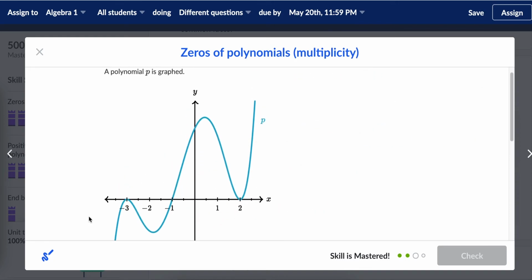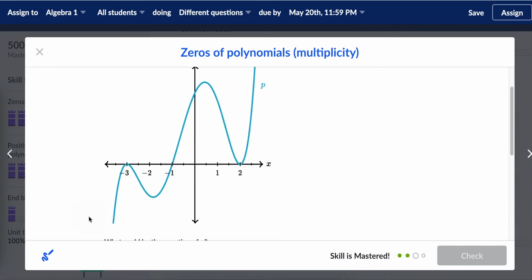All right, so looking at this polynomial here, same kind of questions, right? We're looking at this here is a 0 of negative 3 with a multiplicity of 2. This is a 0 of just negative 1, right? And this is a 0 of 2 with a multiplicity of 2, right?